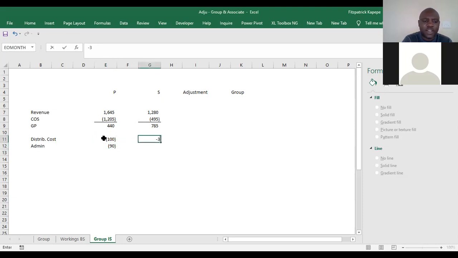We have minus 35. We have minus 25. We need to calculate impairment, if any. Finance costs.